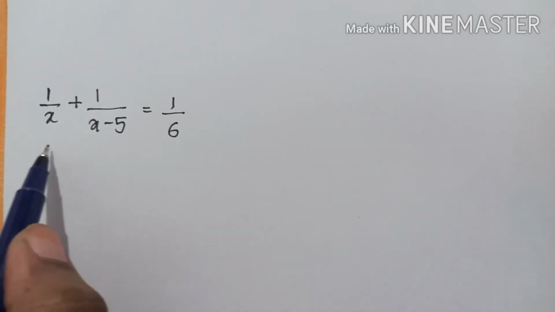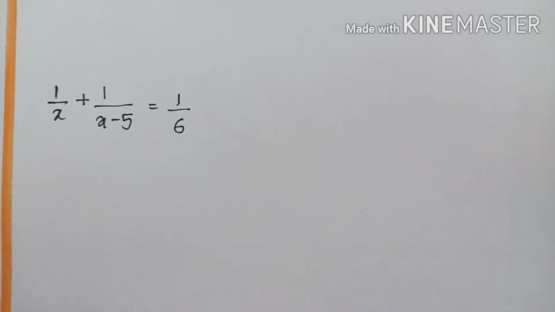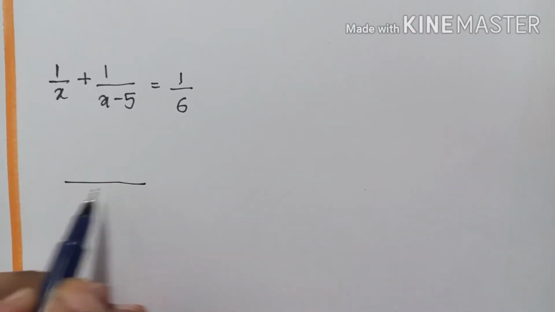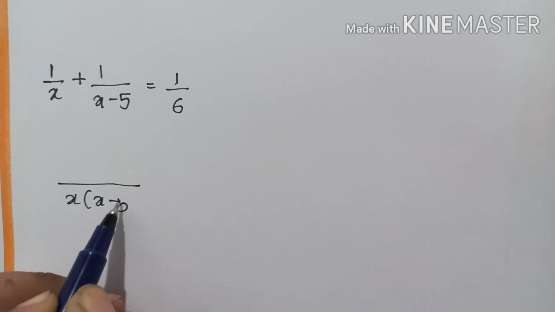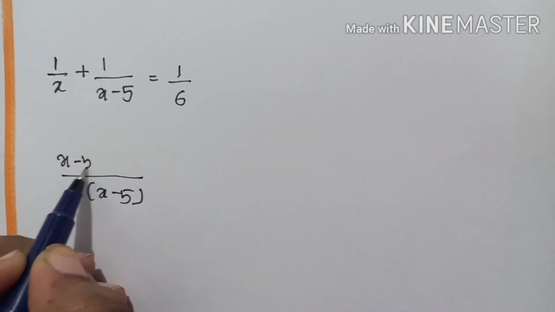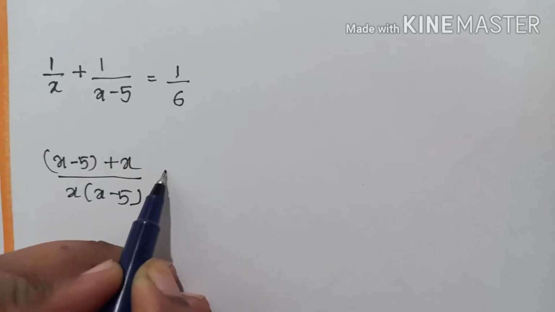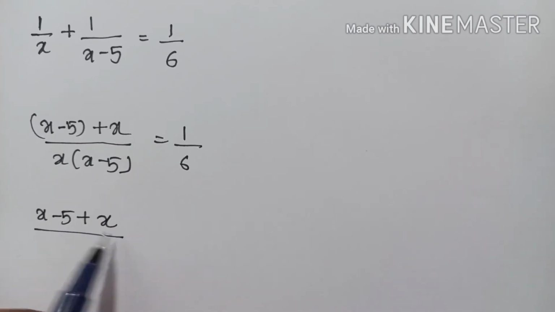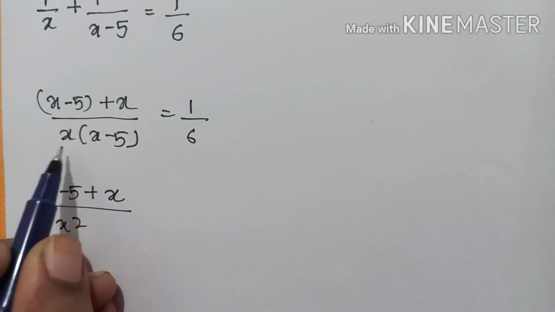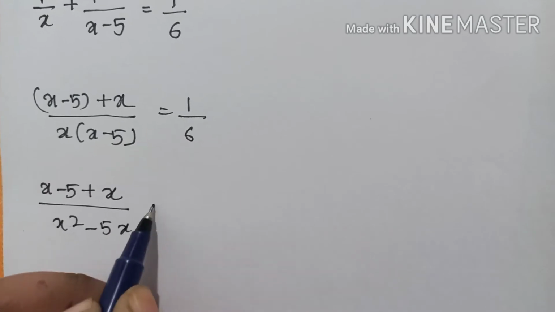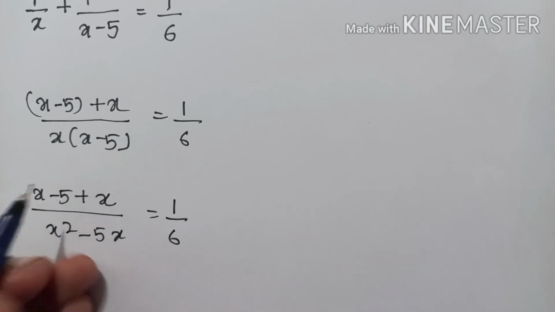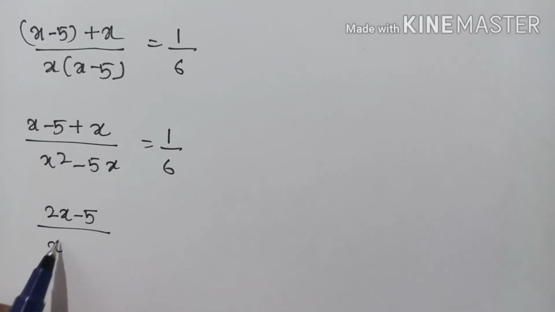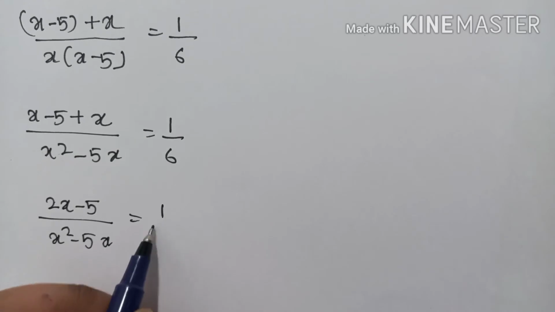Now we should mold this equation into a quadratic equation. As usual, taking the LCM of both denominators, that is x into x minus 5 in the denominator, and in the numerator x minus 5 plus x, equals 1 by 6. x into x is x square, x into minus 5 is minus 5x, so 2x minus 5 by x square minus 5x equals 1 by 6.